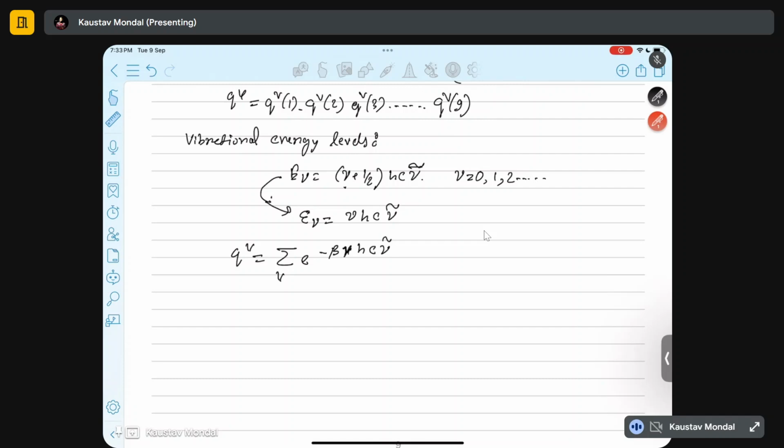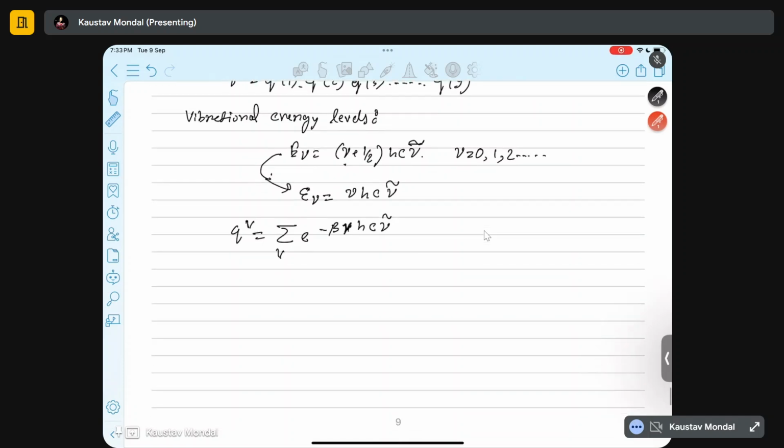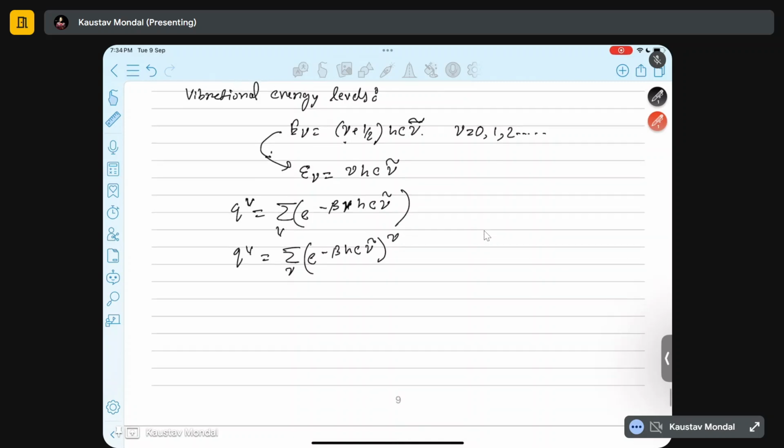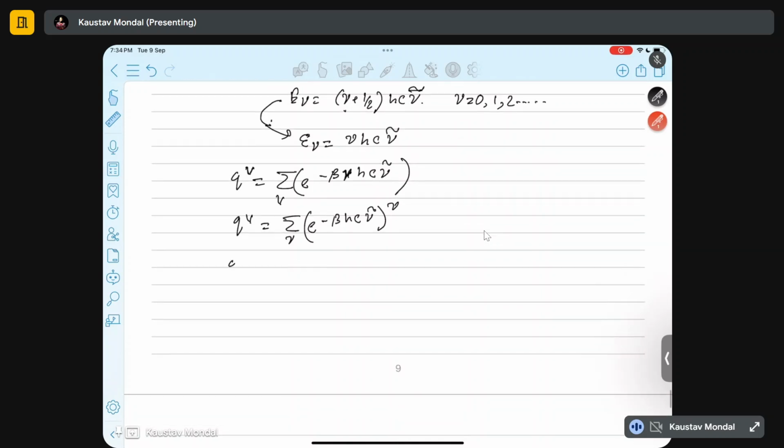Sorry, these are all nu, not v. This is the vibrational partition function expression. In the vibrational energy levels there is no degeneracy involved, so the degeneracy factor is taken equal to 1. So we can write Q_v as the summation over nu of e to the power minus beta h c nu tilde, to the power nu. The summation is over nu, starting from 0, 1, and so on.